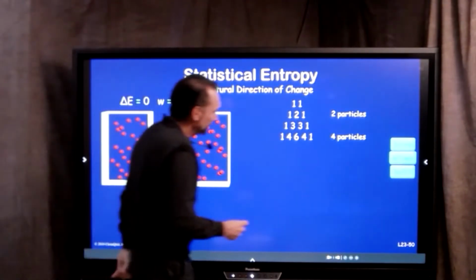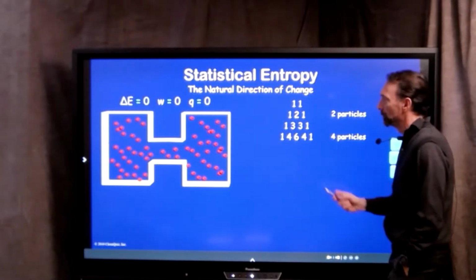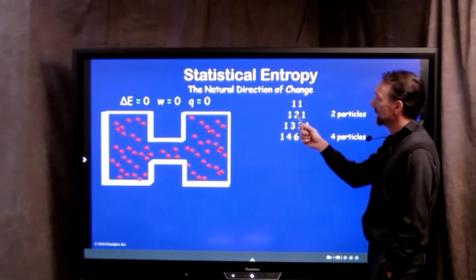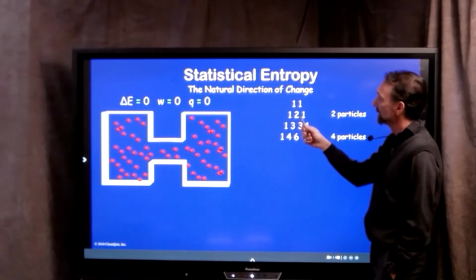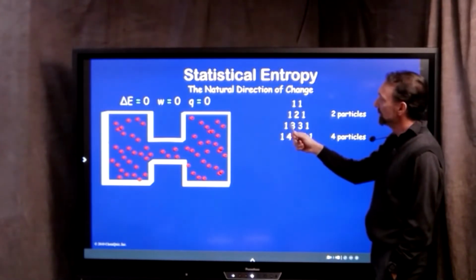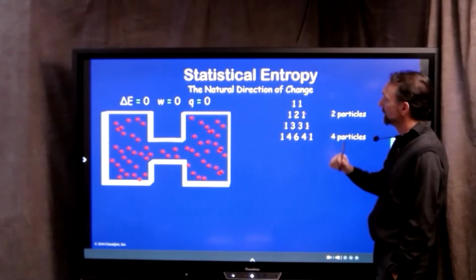How am I making this? I'm making this little triangle here in a very simple way. I write 1 here, and then I add the numbers. So I add 1 and 1, and I get 2. And then here I add 1 and 2, and I get 3. I add 2 and 1, and I get 3, and then 1 here.